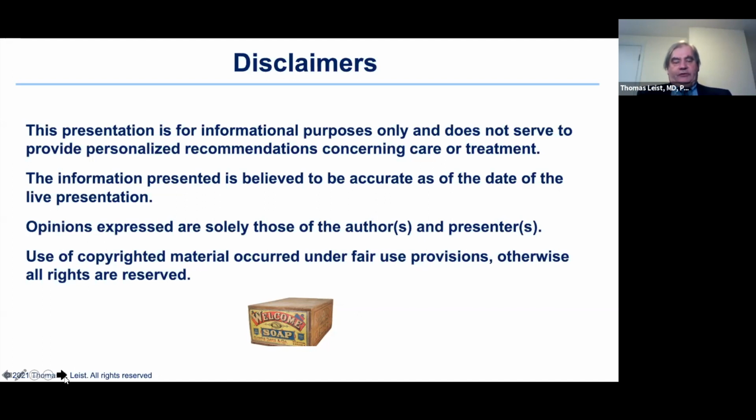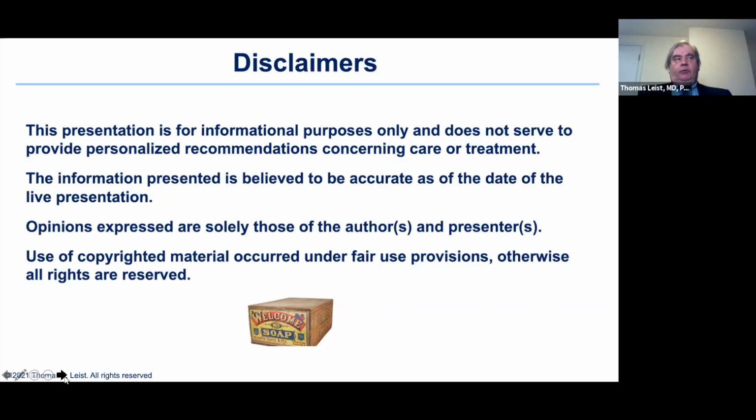The opinions expressed are those of the author and the presenter, and where copyrighted material that others have put together is used, this is done under the fair use provisions.